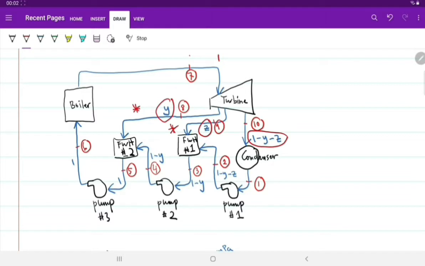Okay, and then if you follow the flow of 1 minus Y minus Z, it will combine with the Z again in feed water heater number 1.